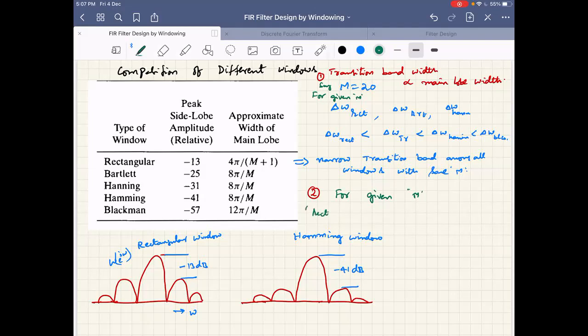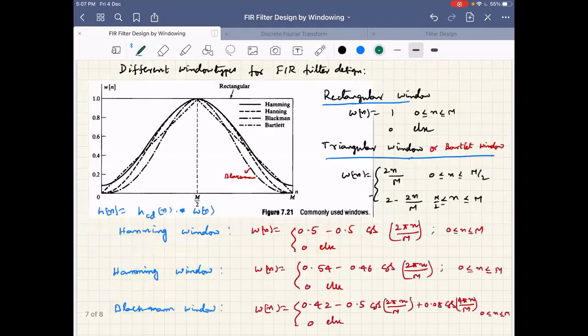The ripple delta for rectangular is higher than delta for Hamming, which is higher than delta for Blackman. As you can see, if it tapers off smoothly, the ripples will reduce.